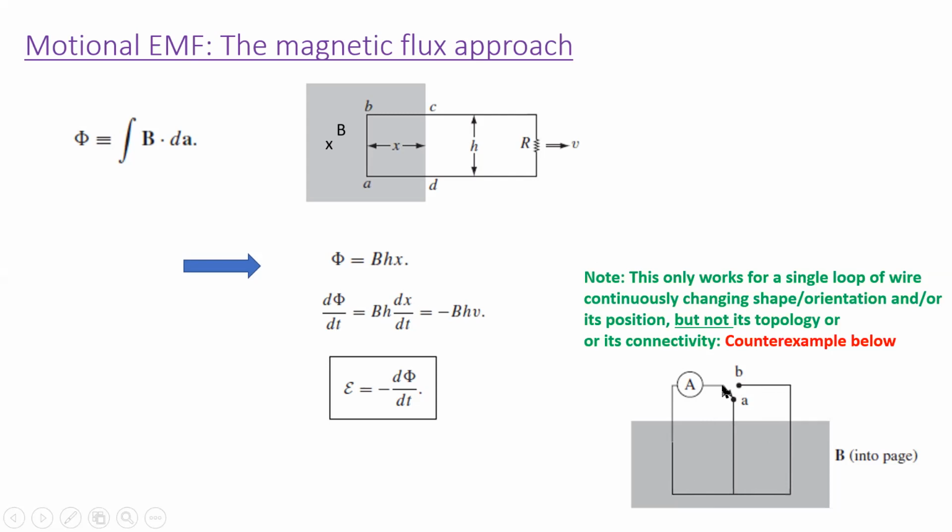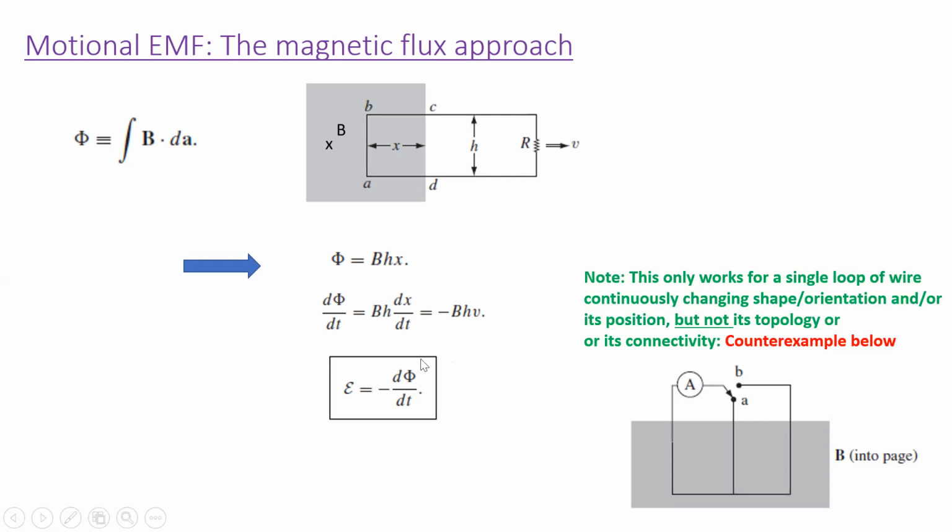But when you do this experiment, you find that you don't get any current flowing through this ammeter. That is, there's no induced EMF and no induced electric field to drive current, and that's because the connectivity, or the topology, is changing.